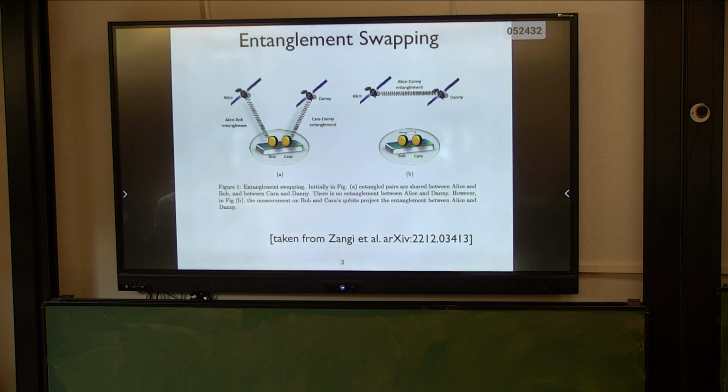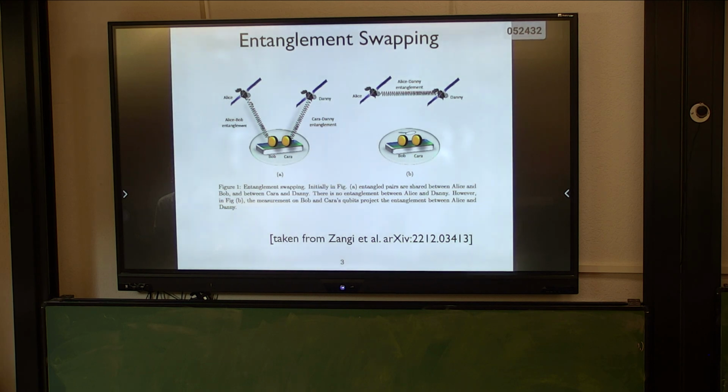After the projective measurement, Bob's qubit is now maximally entangled with Kara's qubit. But we don't touch the qubits of Alice and Danny. The interesting point is that in the initial state, these two were maximally entangled and these two were maximally entangled.